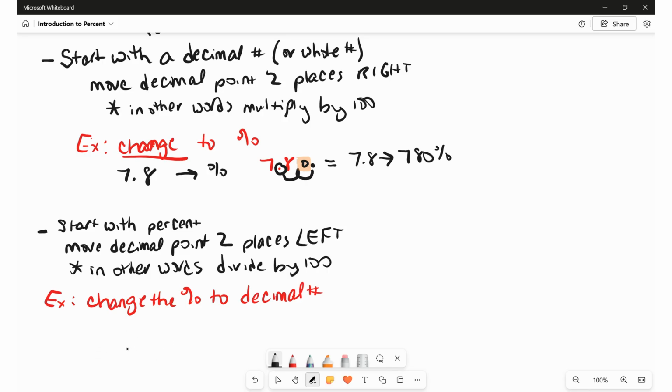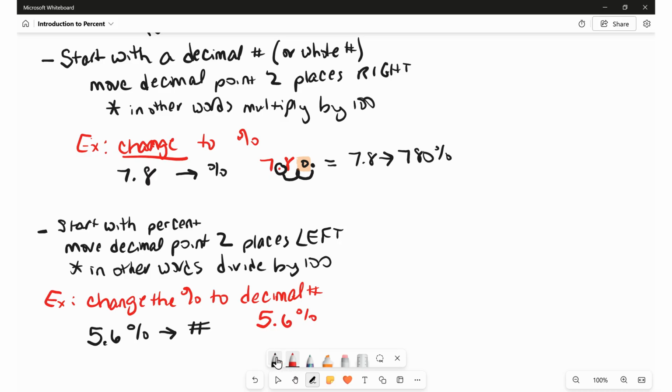Let's change 5.6% to just a number. Well, you have your 5.6%.